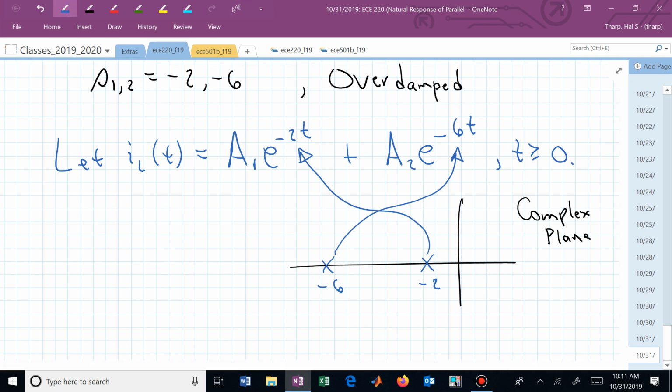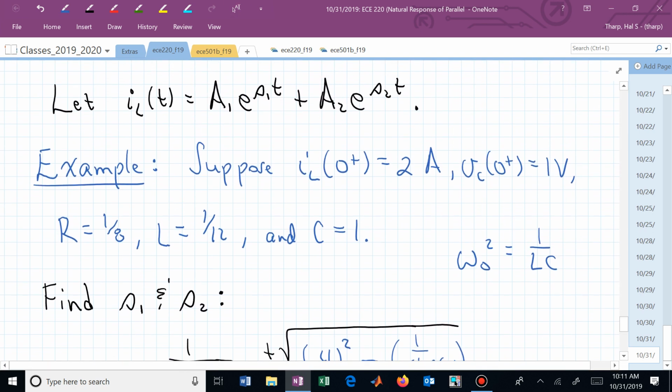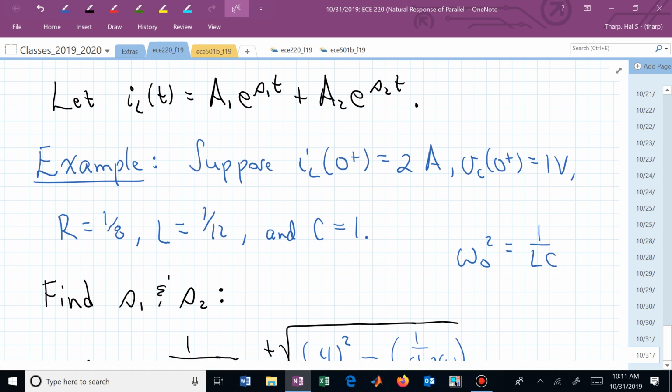How do we find a sub 1 and a sub 2? Do we have any information to try to find them? We have a parallel RLC circuit, and I've given you this information. Have I given you enough information to start finding I sub L of t, a sub 1 and a sub 2? Well, we have I sub L at time 0 plus.